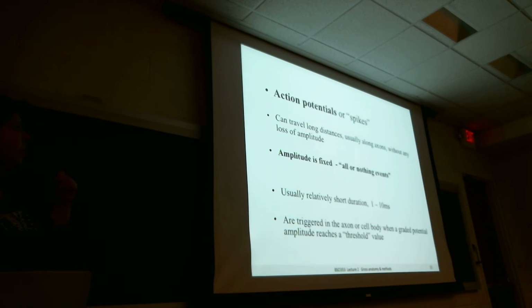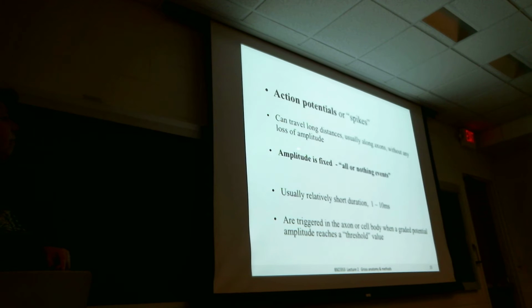So action potentials, sorry, I'll refer to them colloquially as spikes. You'll hear me say that a lot more than action potentials because it's a lot quicker to say. The advantage is that these can really travel long distances. It's usually a big signal, and it can travel down the axons without losing any amplitude. And we'll talk about specialized ways that that amplitude is maintained.